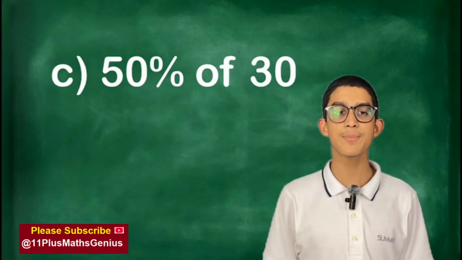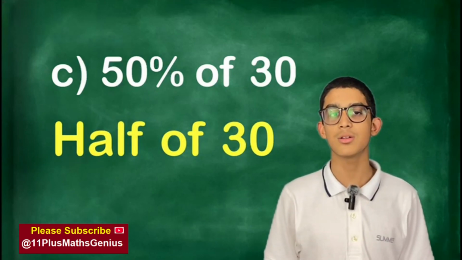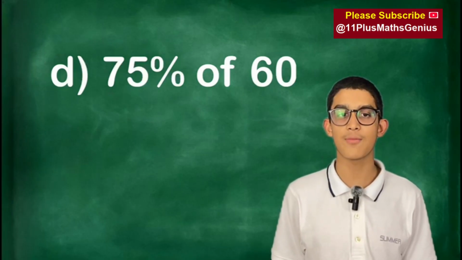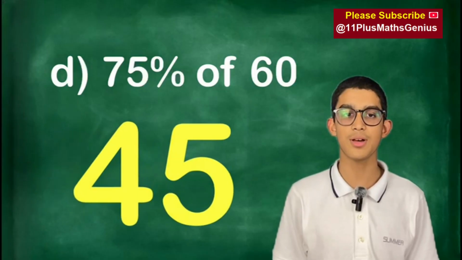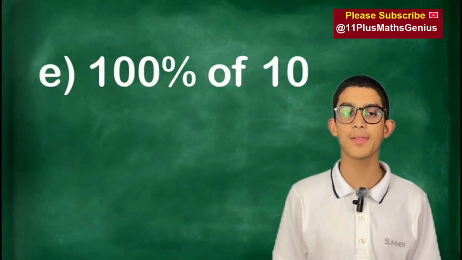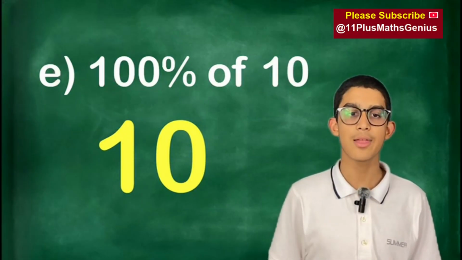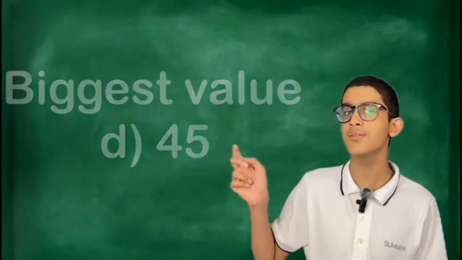C. 50% of 30 is half of 30, which is 15. D. 75% of 60 is 3/4 of 60, or 45. 100% of 10 is 10. No change of 10. So the answer is D, or 45.